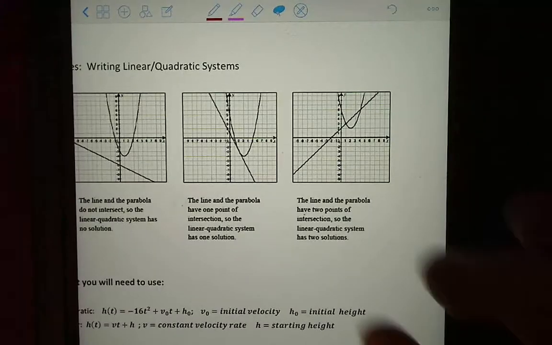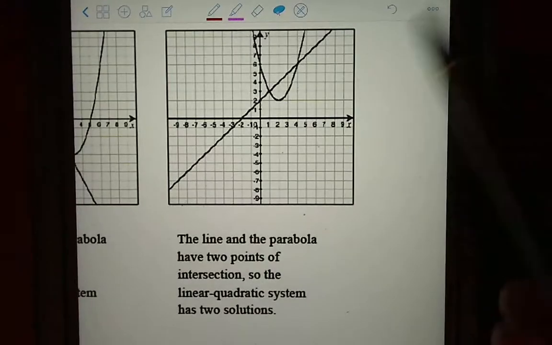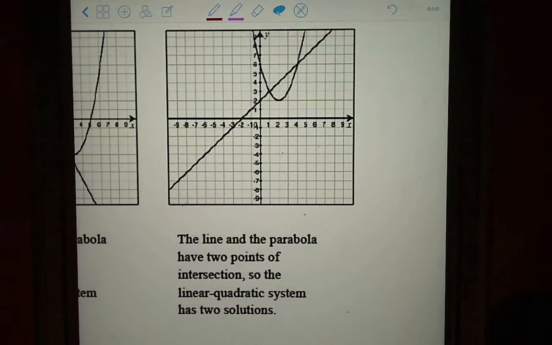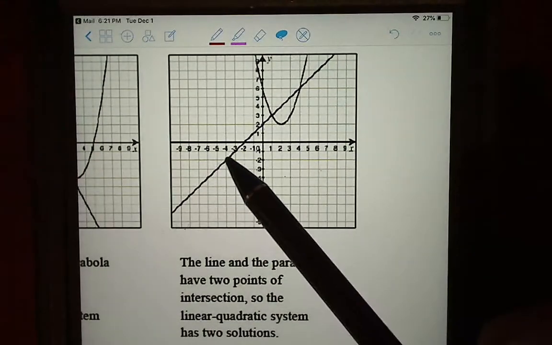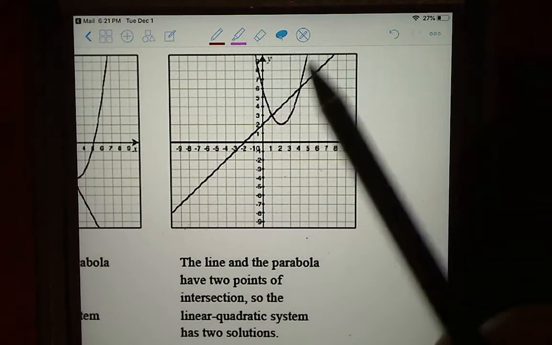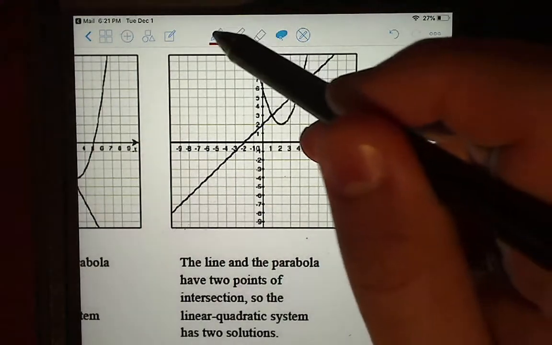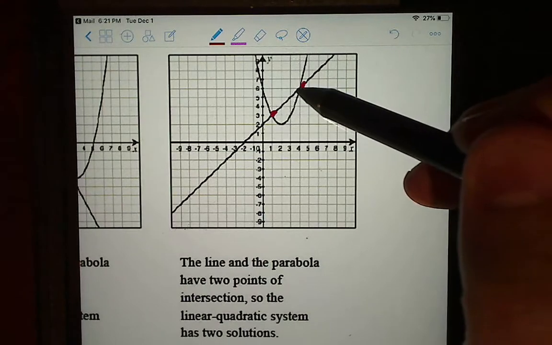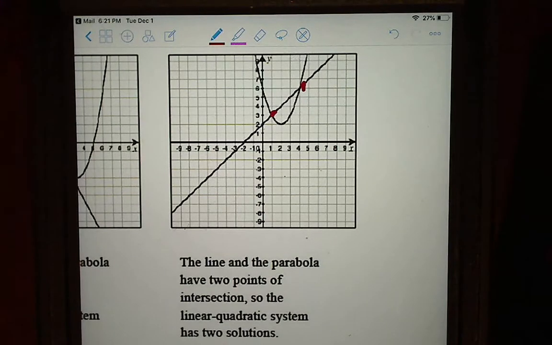And then you have your secant possibility, where the linear line crosses the quadratic in two different spots. So here and here would be your two solution points, or points of intersection, for the system.